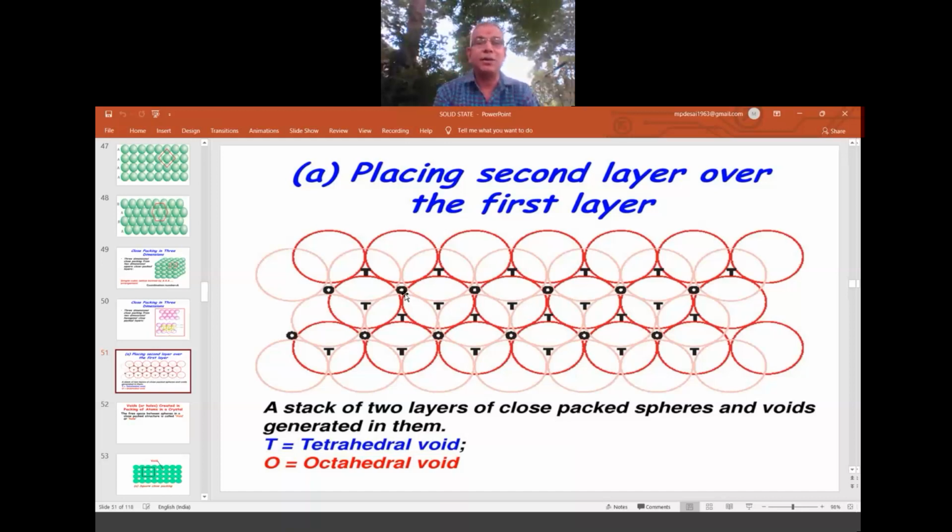For example, when we keep three balls in a triangle shape and you keep one ball on top, that looks like a tetrahedral. That space is created because of that arrangement, three balls at the bottom, one ball on top, or one ball at the bottom. You can take it either way.